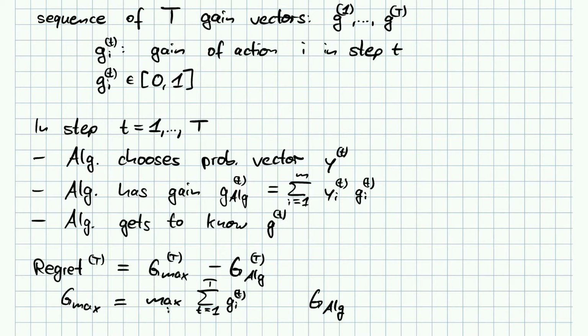And G_L, this is just with a capital G, this is the sum of all the algorithm's gains over all time steps. So we might also write it as the sum of the y's times these small g's.